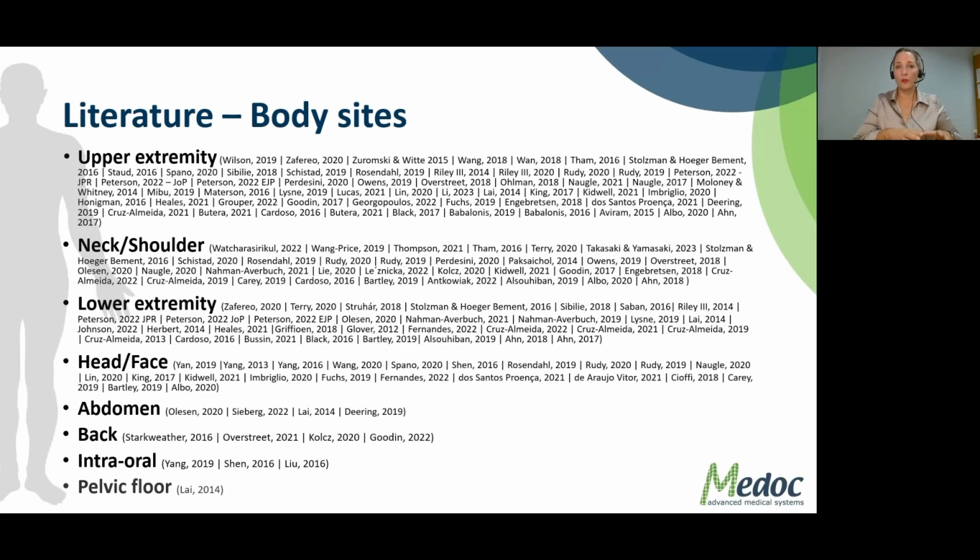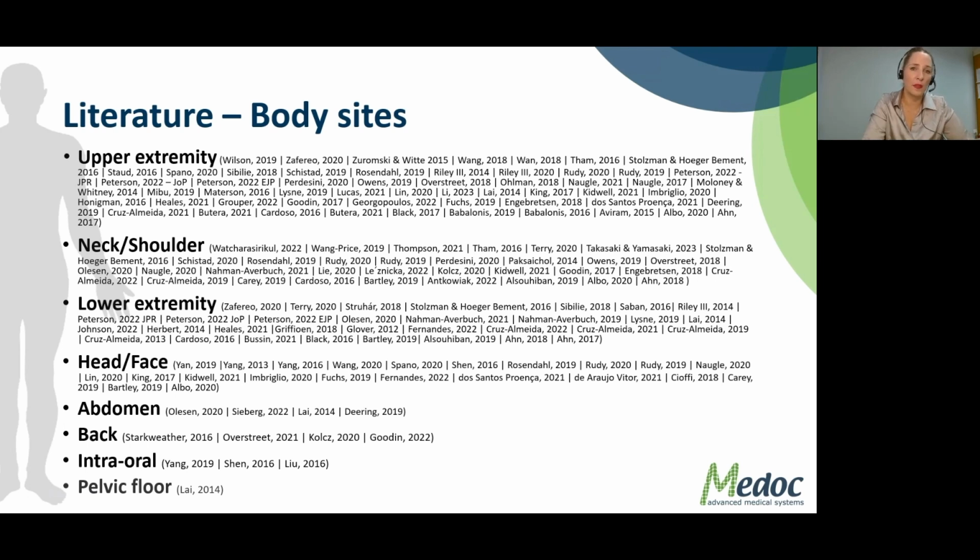So I gave you some examples of what type of paradigms I mostly see when I see pressure algometry research. And now I want to introduce to you what body sites have been used. We see that a lot of the pressure algometry is done on the upper extremity, because they want to do the pressure algometry on the same site as the thermal stimuli, and often they do the thermal stimuli on the ventral forearm, so they want to do the pressure algometry on the ventral forearm as well.